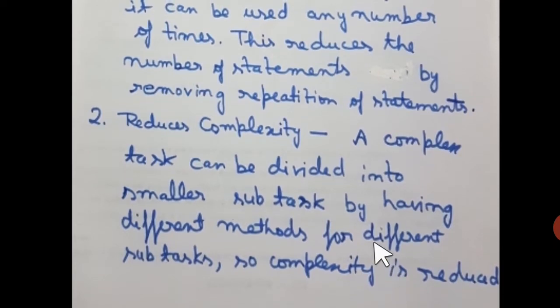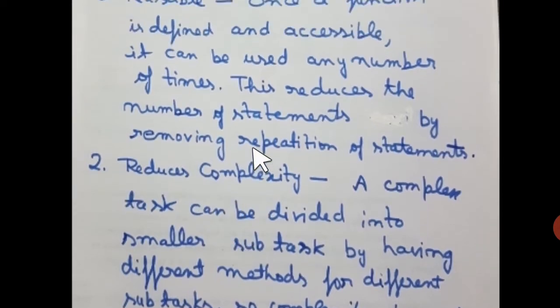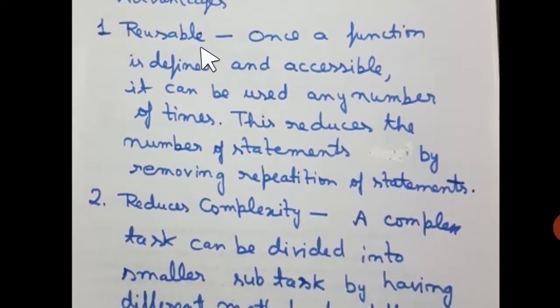You can see that in the calculator for different things there are different keys. So a big task has been divided into smaller parts. It's more systematic, more organized. In that way in Java also you can have different functions for different tasks, so that reduces the complexity. I hope everybody has understood it well. Two advantages: reusability and reducing complexity.